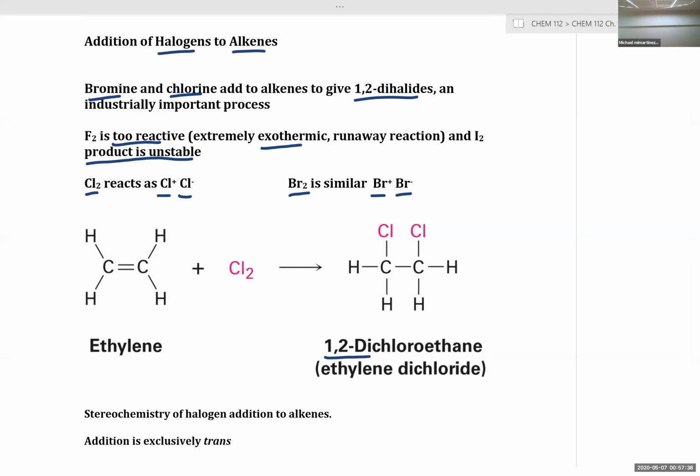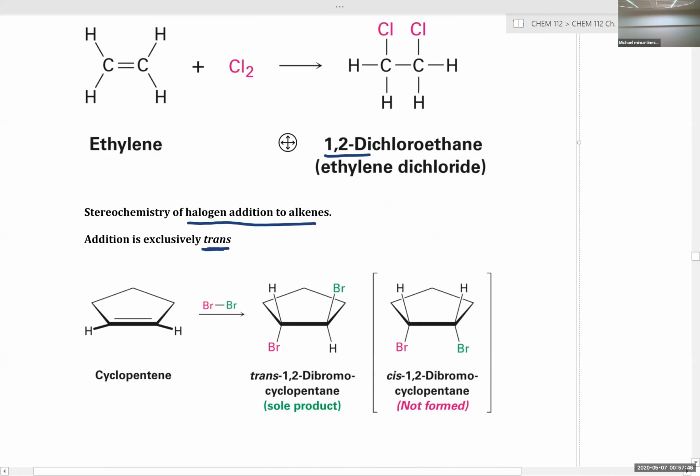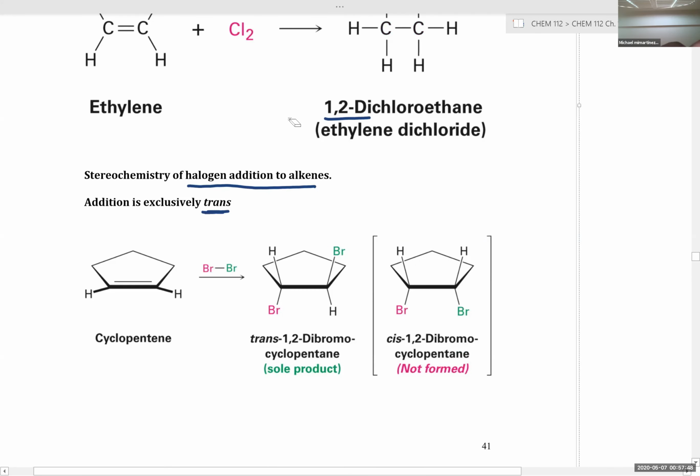In terms of the stereochemistry of halogen addition, the addition is exclusively trans. The two halogen atoms are on opposite faces of our molecule, and we'll understand why that is by looking in detail at the mechanism behind this reaction.